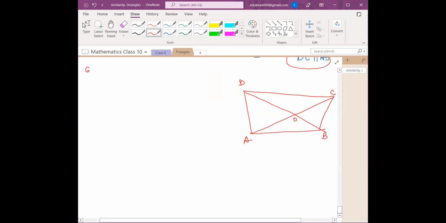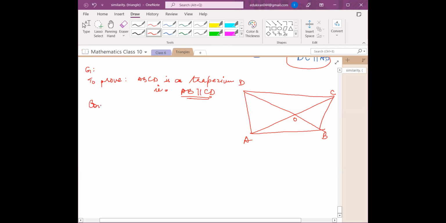So first of all, write what is given, and then what is to prove: that ABCD is a trapezium. That is, you have to show that AB is parallel to CD. Ultimately, this you have to prove.